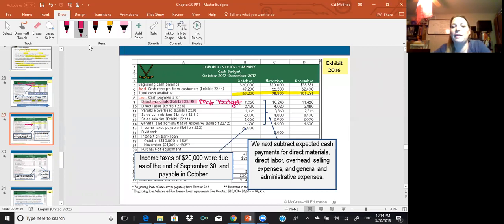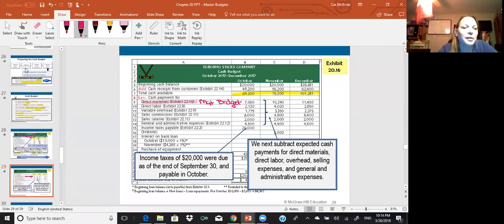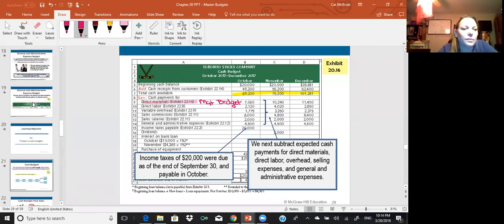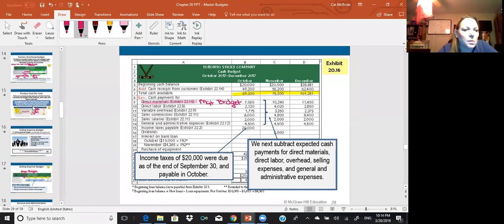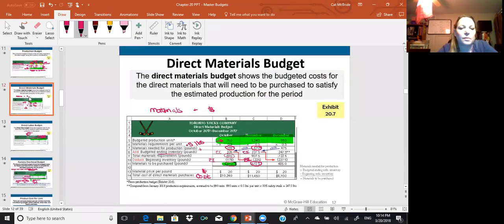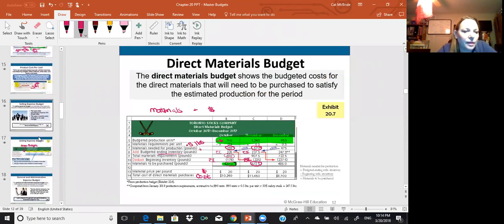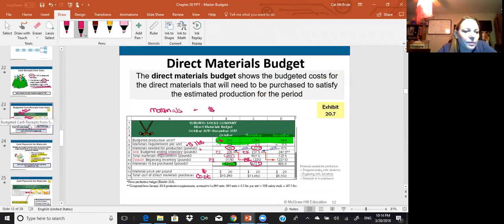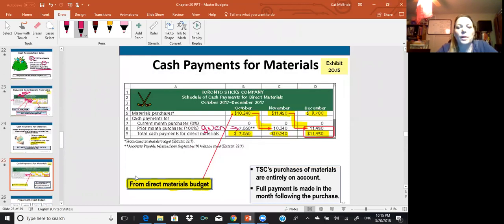So if I went back to my materials budget, this is direct materials 10,240. Oh, but that's not what we spent. Cash payments, we spent 7,060, 10,040, 11,040.